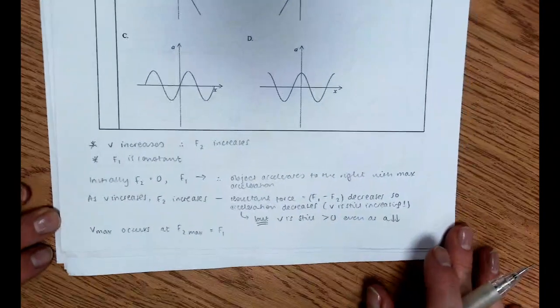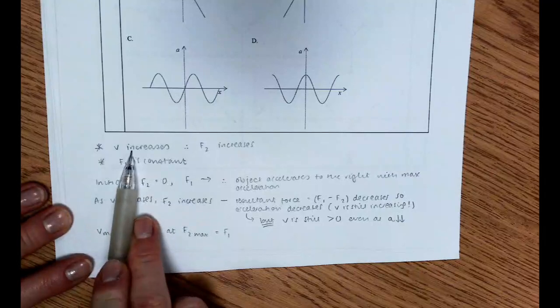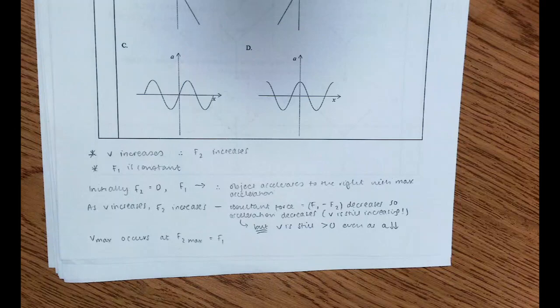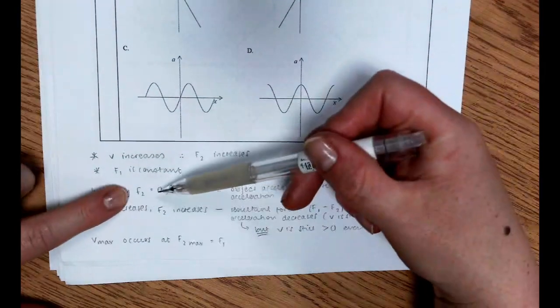We know that as v increases, F2 will increase because they are proportional to each other. Initially, when it's at rest, v is 0, so F2 must be 0.